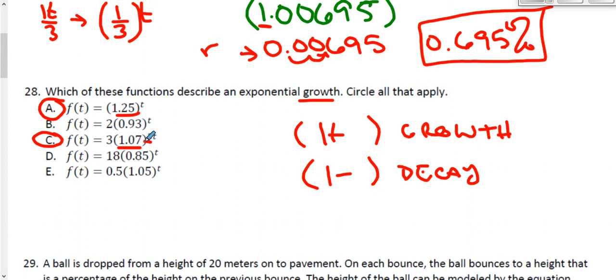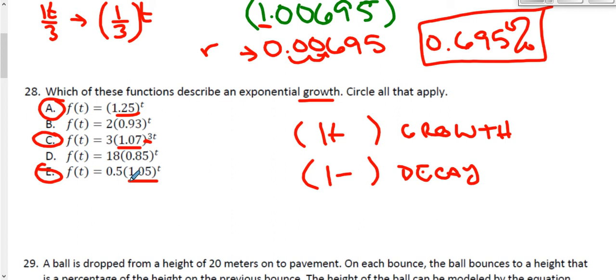The next one has 0.85. That is smaller than 1. But 1.05 is larger than 1. So all the ones with a value inside the parentheses larger than 1 are growing. So those all represent exponential growth. If there's a parentheses with anything smaller than 1, that means that we have decay happening instead, depreciation.